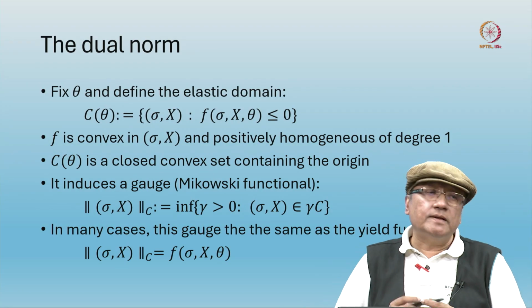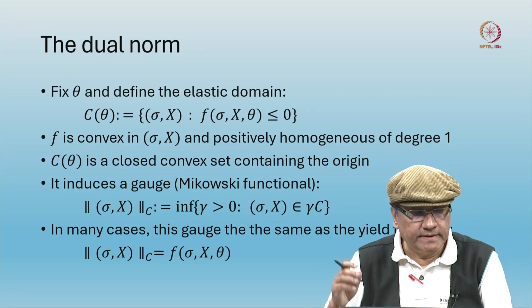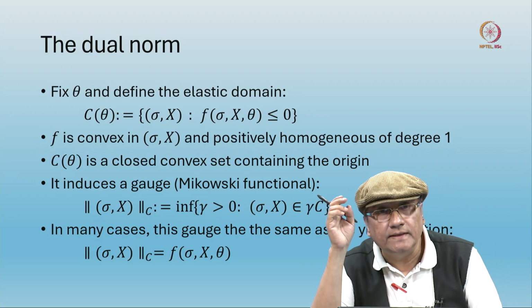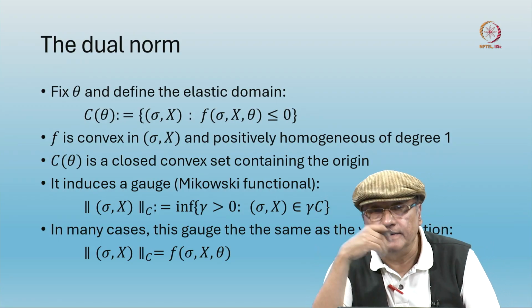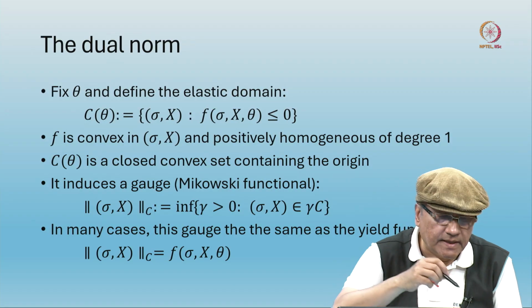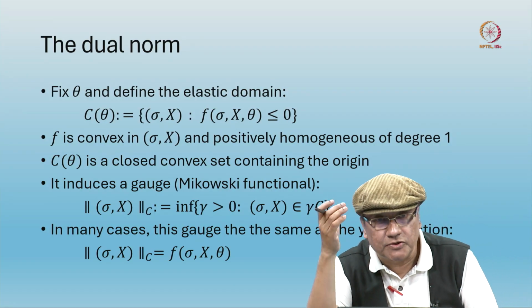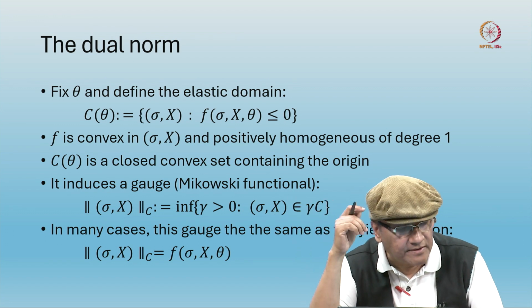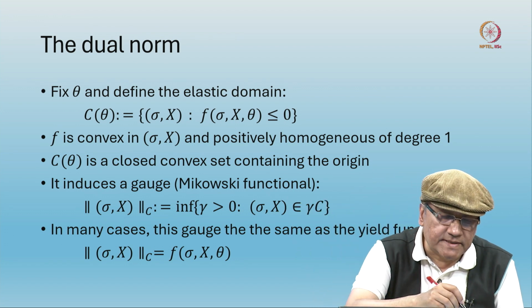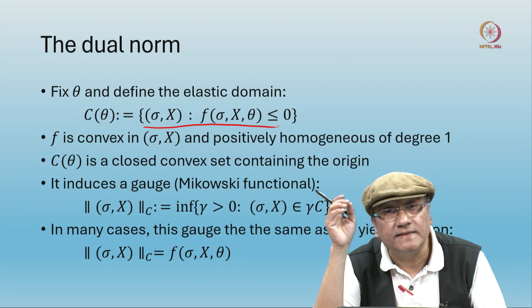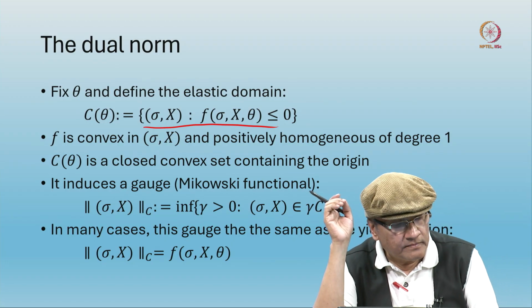So, let us talk a little bit about this dual norm, right. You know that the so called elastic domain is given by this set C theta. Now, this set can be a function of theta also, because temperature dependence has entered everywhere. This is for all sigma, x for which F is less than or equal to 0, right.